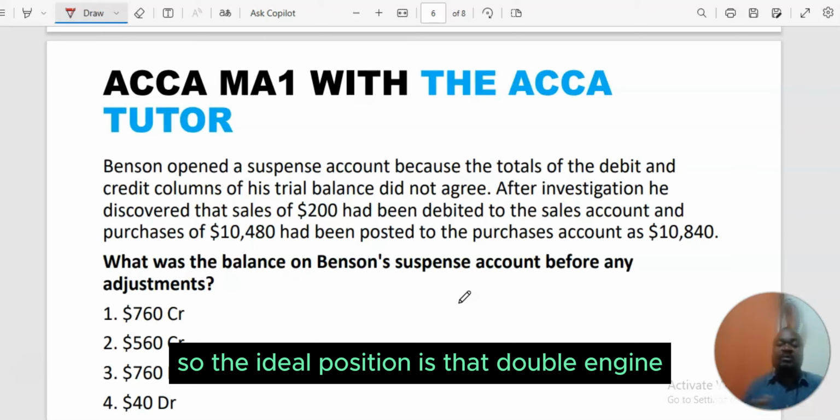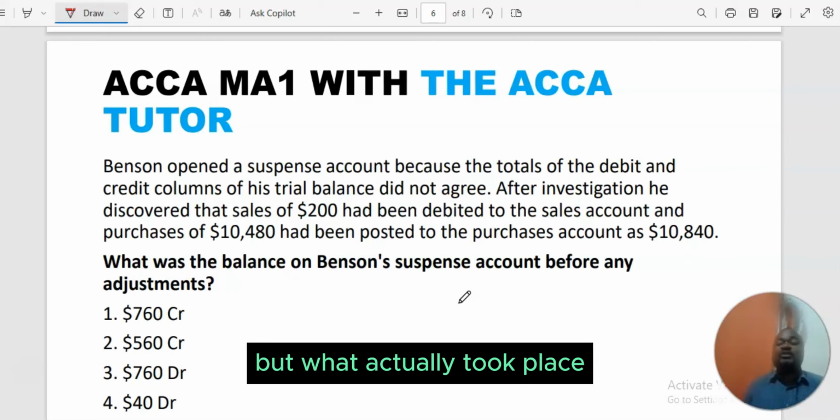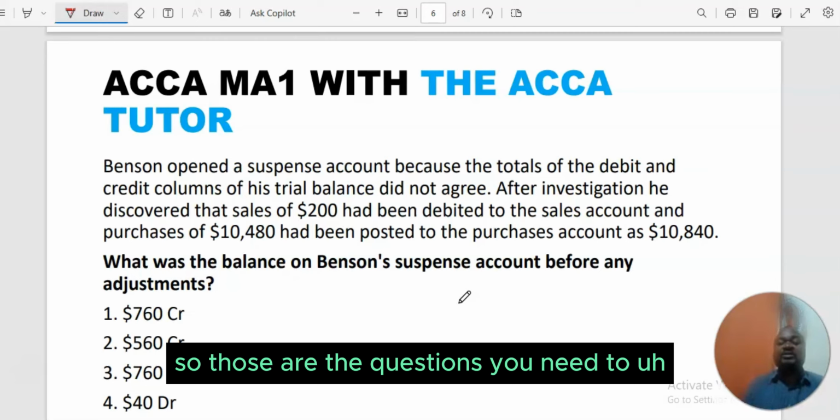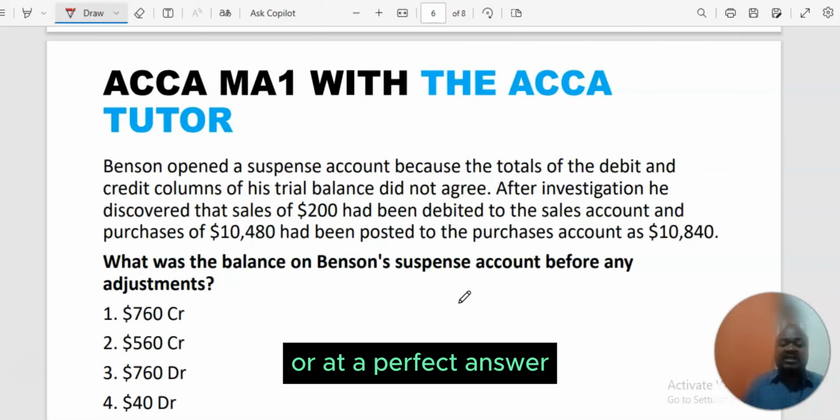So the ideal position is that double entry which we were expecting to have taken place. But what actually took place?